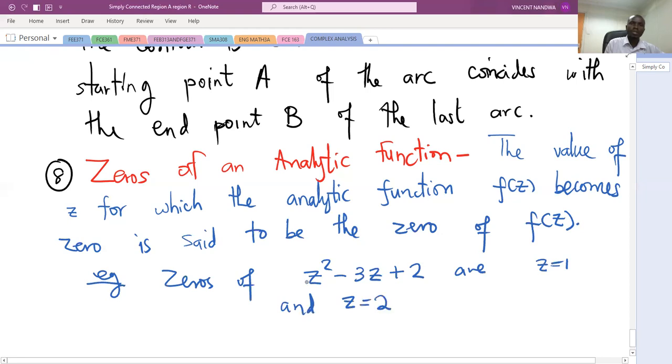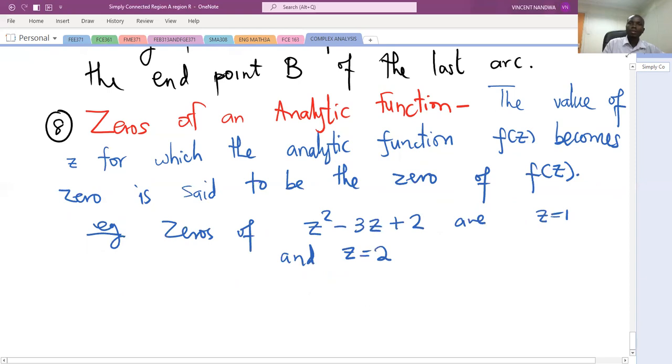That means that when you put Z equals 1 or Z equals 2 into this function, you get 0.